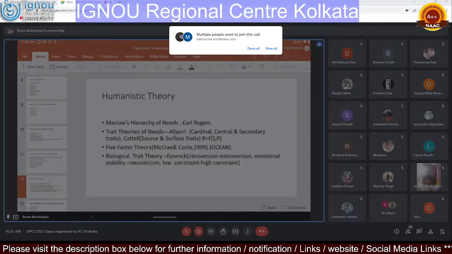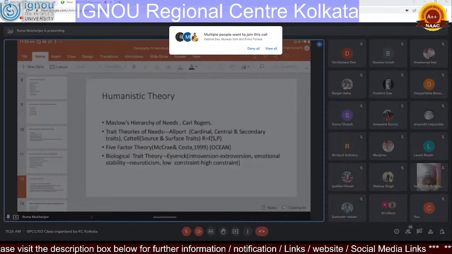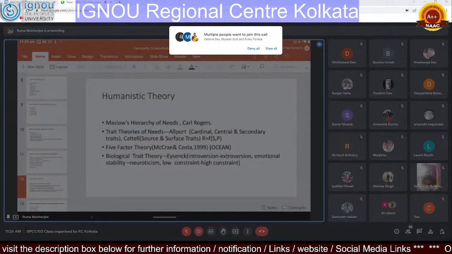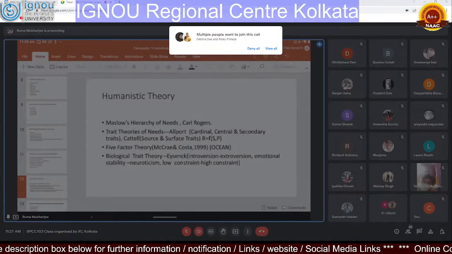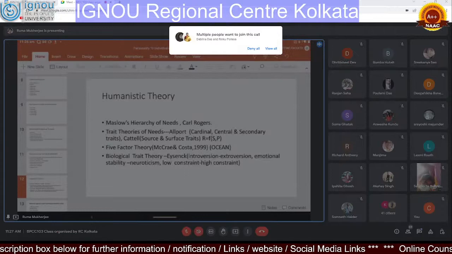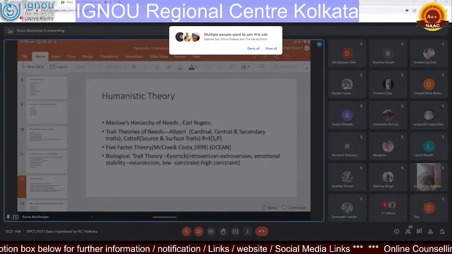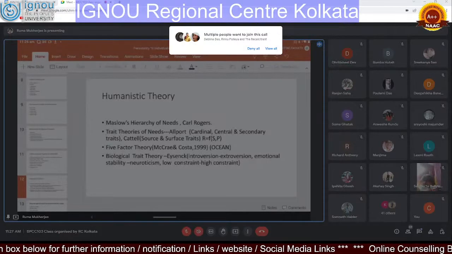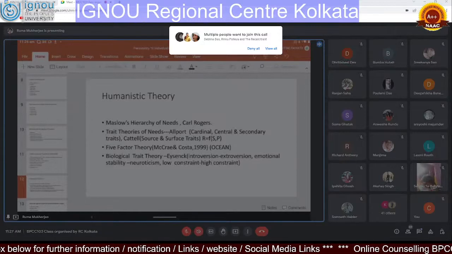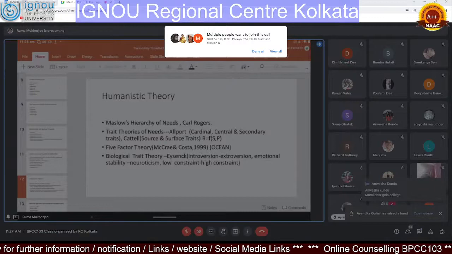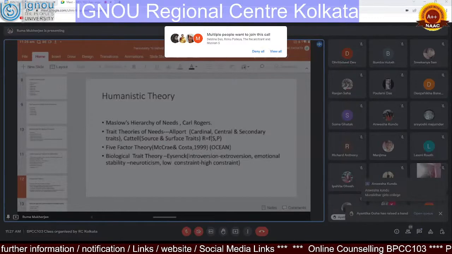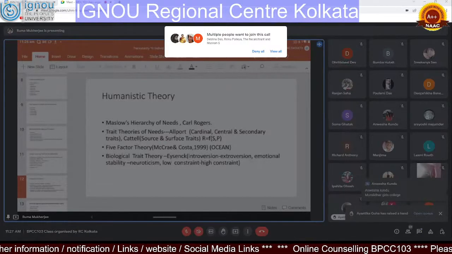Arousal refers to the level of excitement or excitation, ranging from low arousal, that is during sleep, to high arousal, that is when we are in a panic situation or we are worried or anxious, etc. So each individual has an optimal level of arousal that helps him to function effectively.